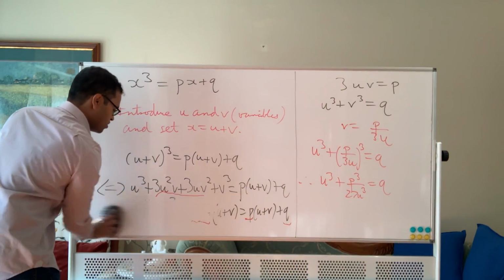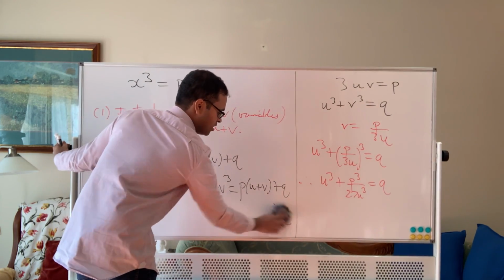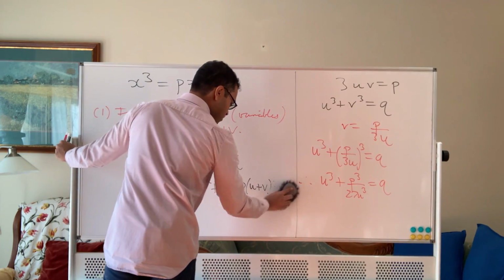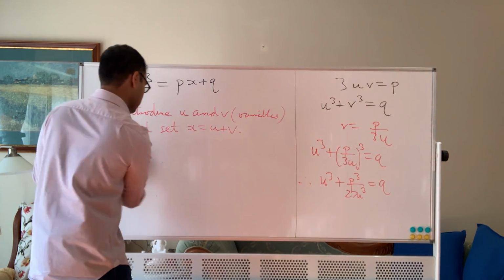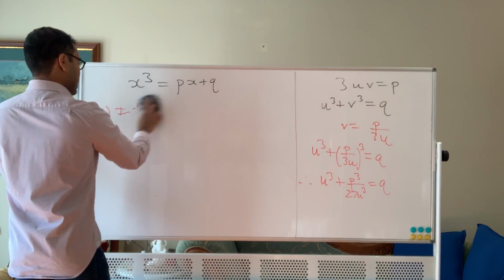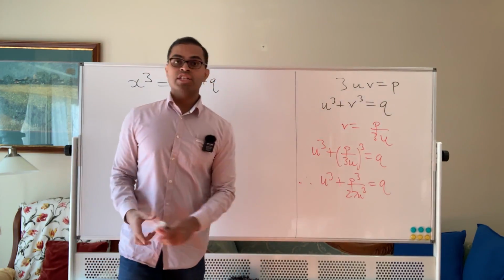Now the trick is, whenever you have an equation like this, I don't like fractions. Who likes fractions, right? Whenever you see a fraction while solving an equation, it helps to clear the denominators. So we multiply both sides of this equation by u cubed.